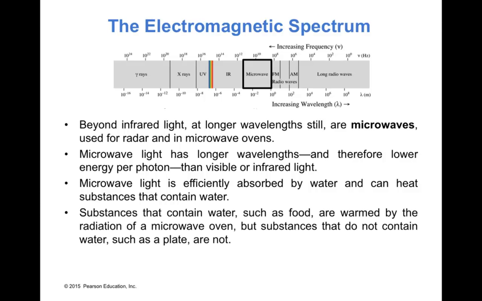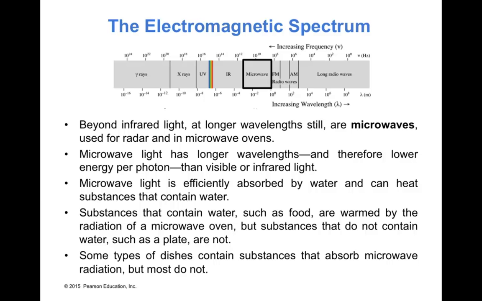Substances that contain water, such as food, are warmed by the radiation of a microwave oven, but substances that do not contain water, such as a plate, are not. Some types of dishes contain substances that absorb microwave radiation, but most do not.